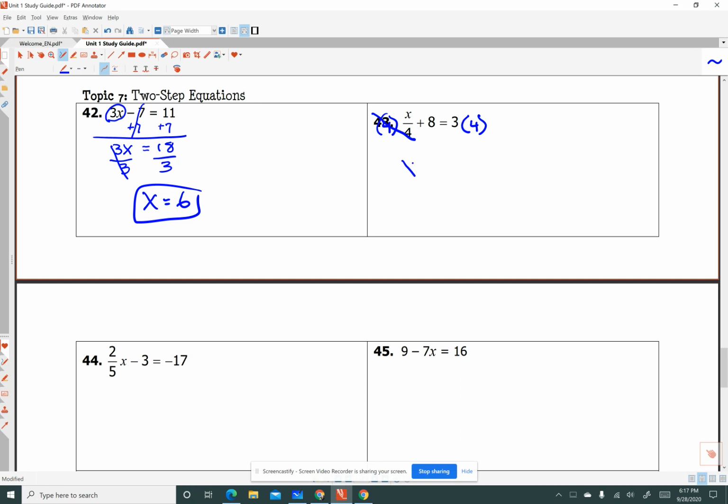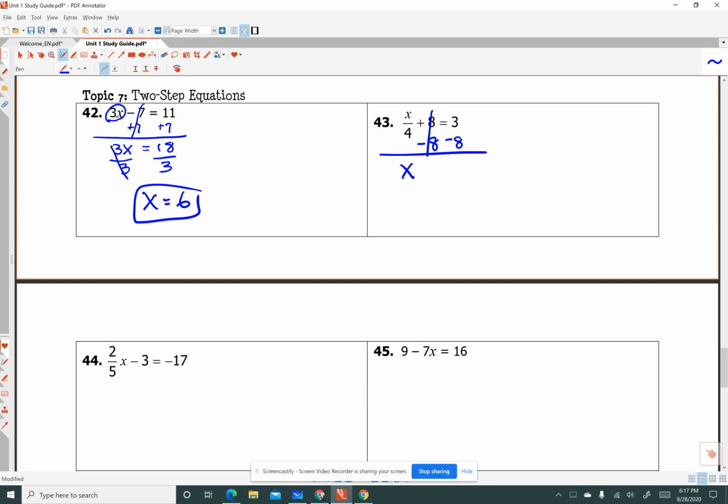This cancels. X plus 8 equals 12. You know what? I'm going to go back, and I should not have multiplied by 4 before I get rid of that 8 first. And I don't want you guys to make that mistake. Let's subtract the 8 first. That's the better practice.